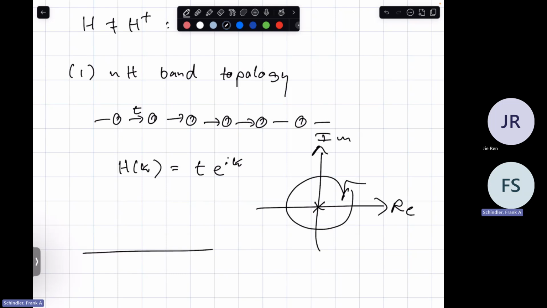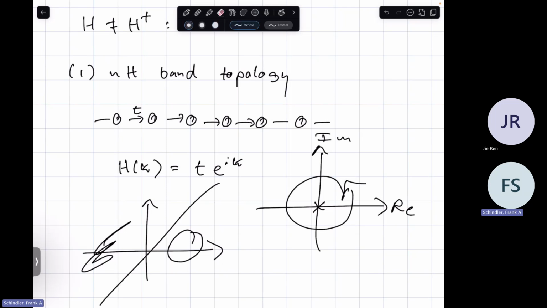You could also consider, if I have some other complex spectrum, which has spectrum here and here, then you could introduce something like a line gap, a whole line through the complex plane, like that line, which doesn't have any states. But as soon as you have a line gap, I can always make these spectra real without closing the line gap, so that I end up with a purely real spectrum.